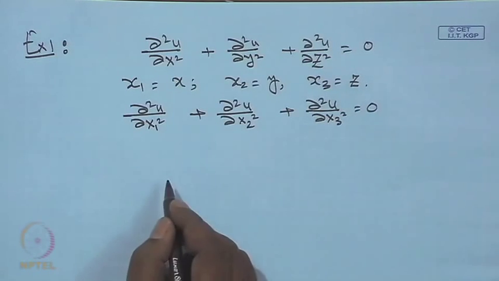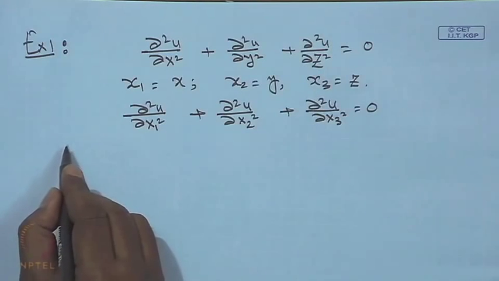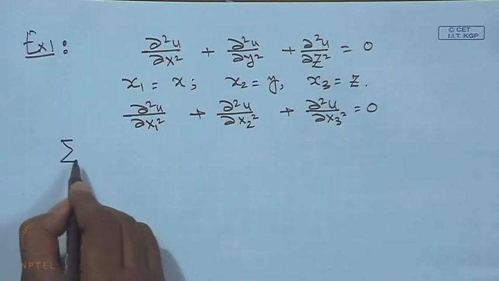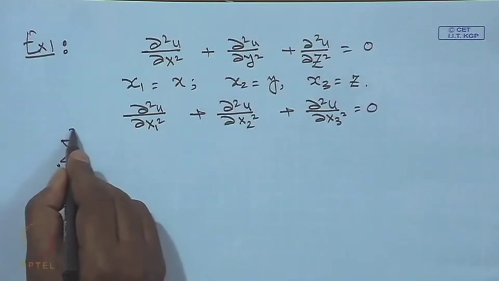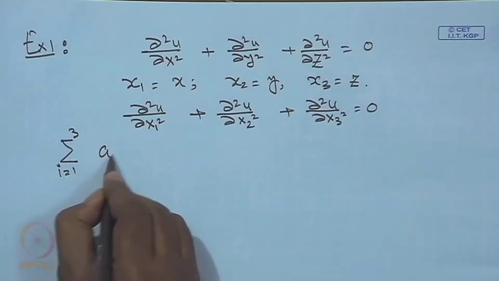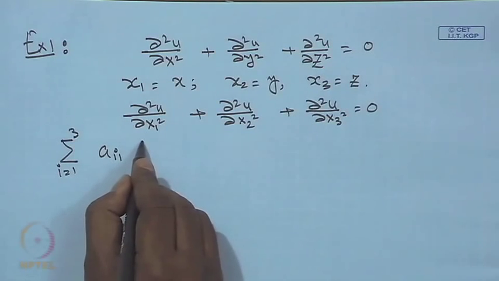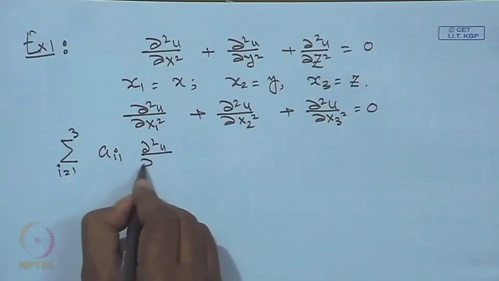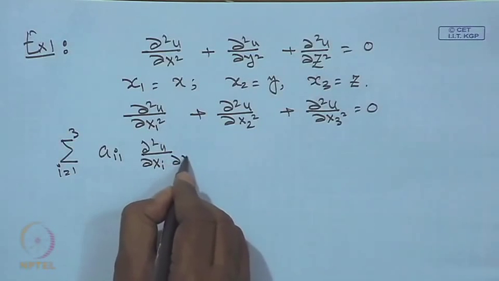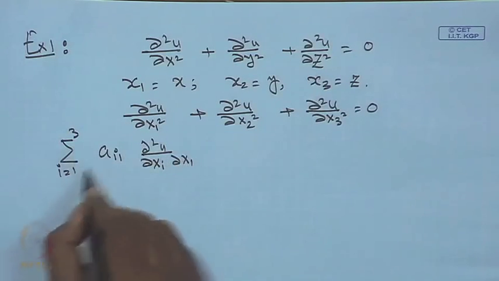Now, if you write it down in this form, i equal to 1 to 3, a_i1 del square u del x_i del x1. So, just open up the double summation.